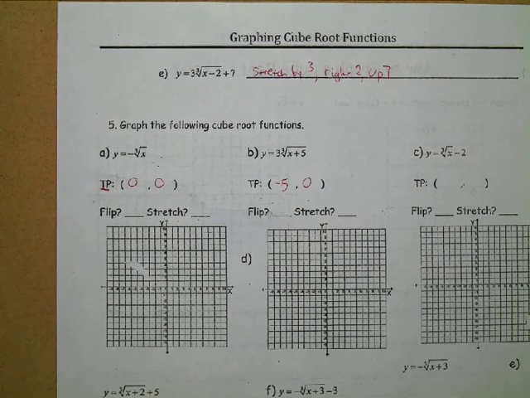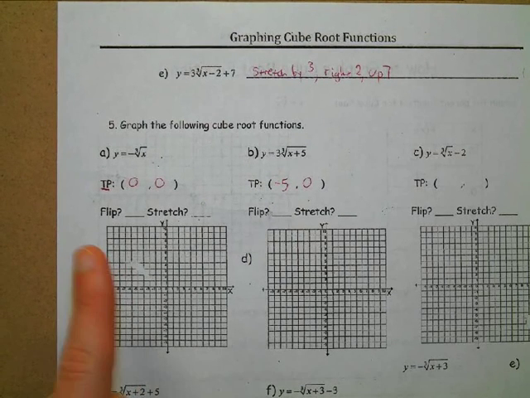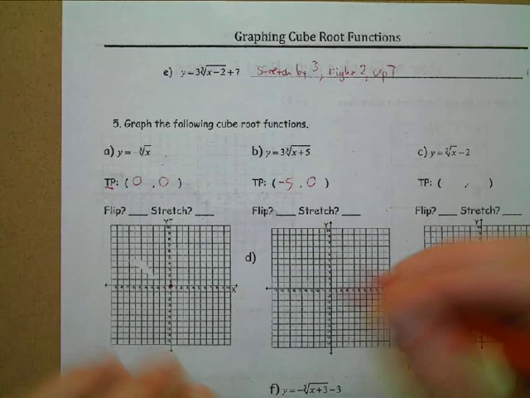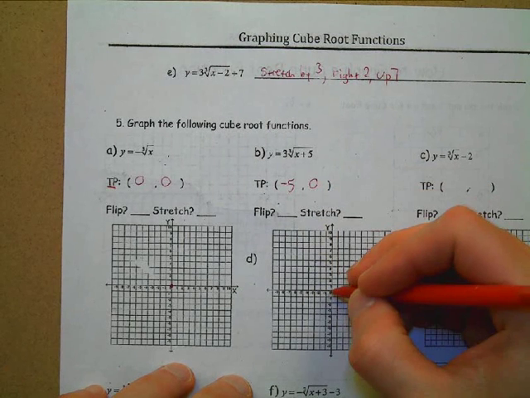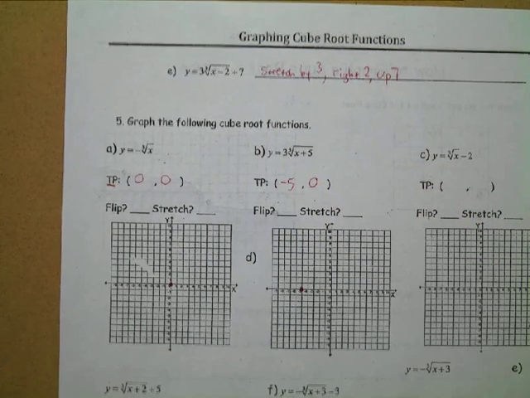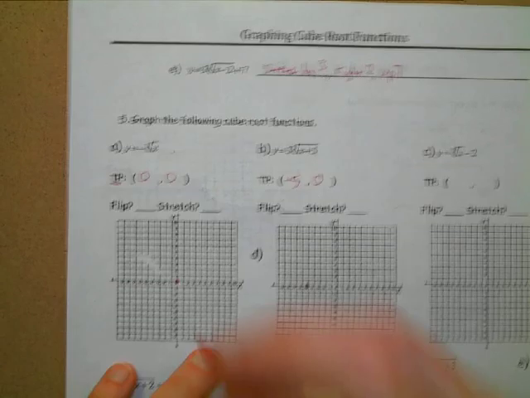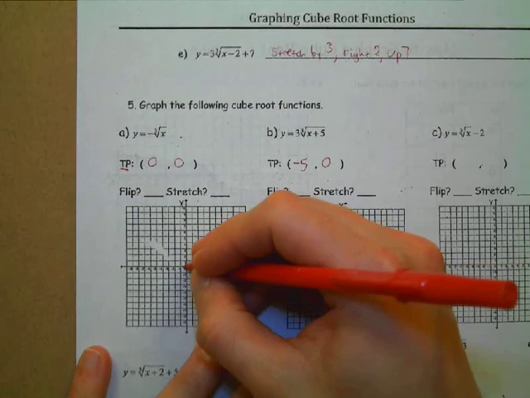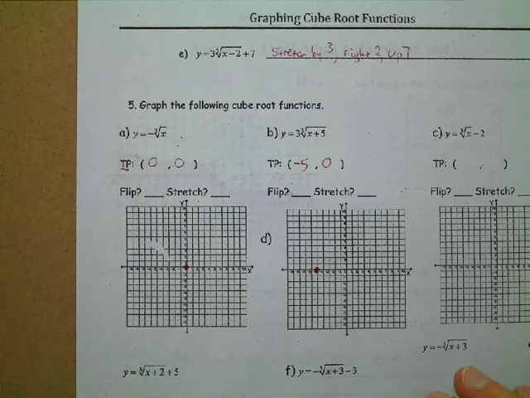Yeah, but I have a question. With the first one, isn't there a negative sign in front of it? Yeah, we'll deal with that in a second. That's a reflection, but 0, 0 will still stay 0, 0. And the turning point here will be negative 5, so count left 1, 2, 3, 4, 5. There's that point. Oh man, that's hard to see. Gotta make it really big.